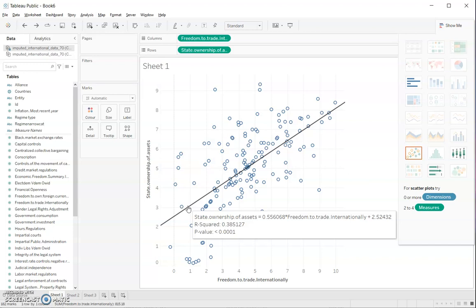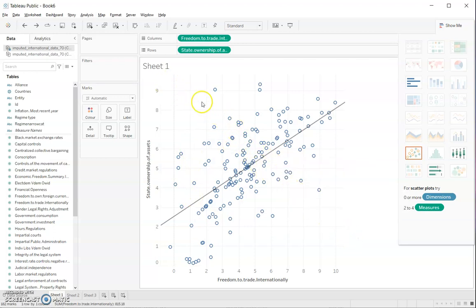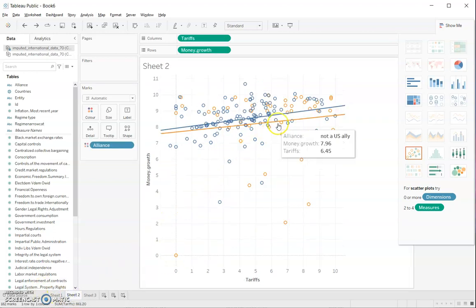So more freedom and more state ownership of assets, kind of like this, okay? The negative one would be the reverse, the diagonally opposite curve. I think I have some similar curves before, but anyway, let's move on to the second one.